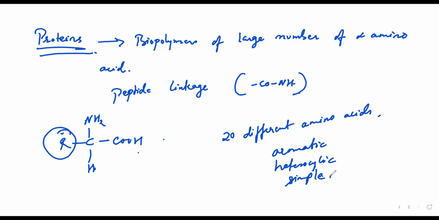Like that, different groups of amino acids are there, and these 20 amino acids are divided accordingly. Further, the proteins are classified according to their structure as well as how they look, according to their appearance.